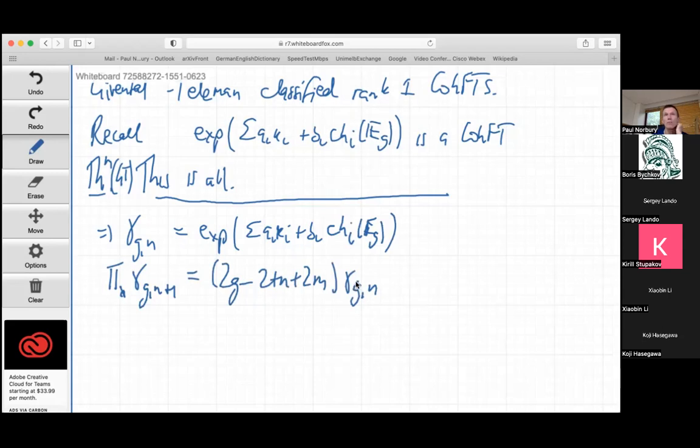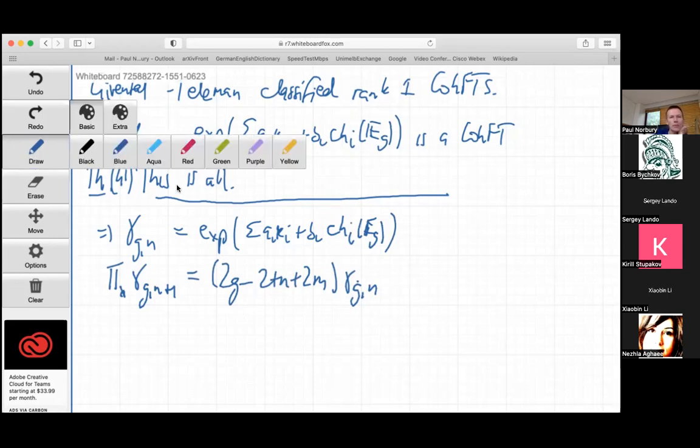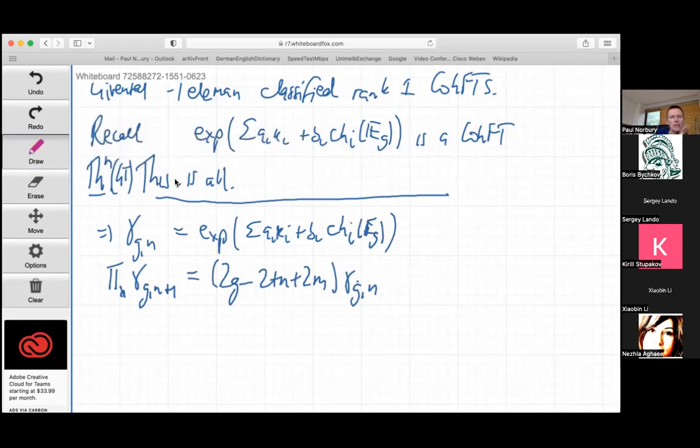Okay, so one question. Sorry, would you explain what is the meaning of this classification in rank 1? Oh, before even going, the meaning of it is this. What we've shown is that this gives an example of a rank 1 cohomological field theory.